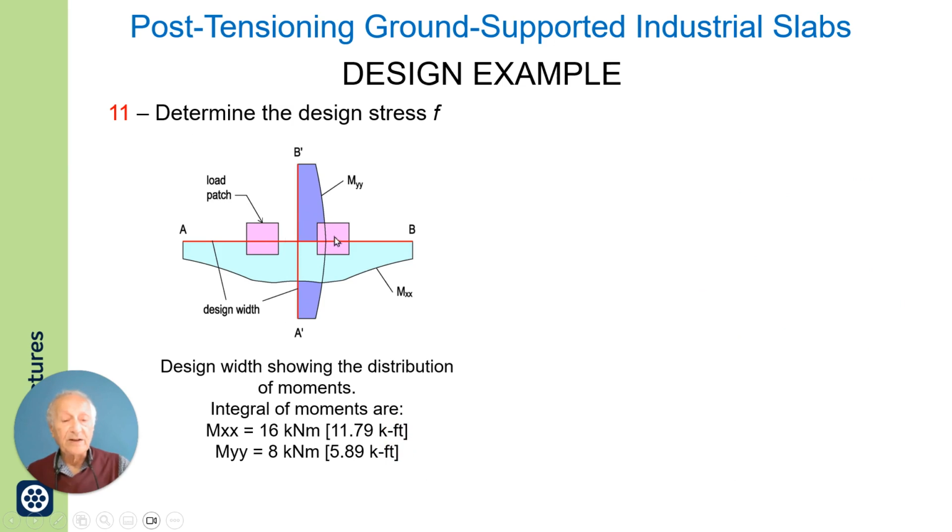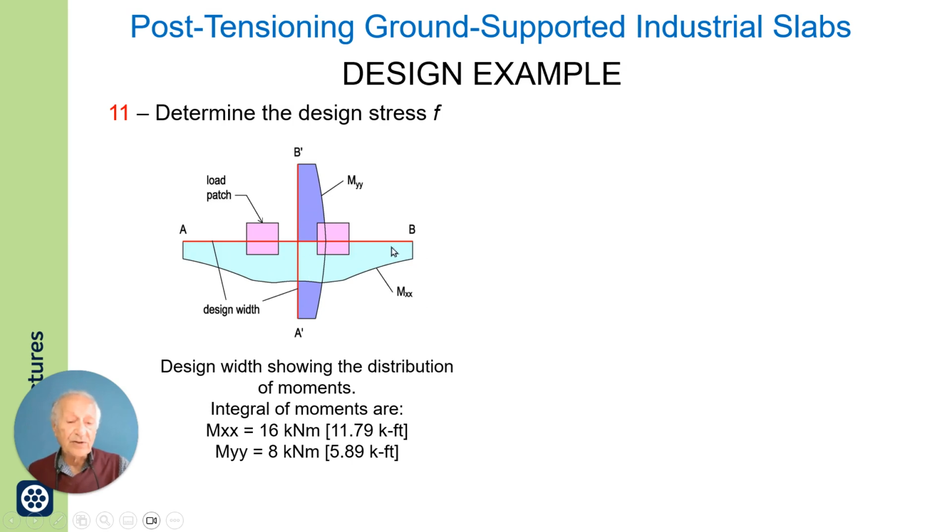consider the loads, and this is the design width in one direction, this is the design width in the other direction. I note the distribution of moment over the design width in one direction, distribution of moment over the design width in the other direction, and for each distribution I calculate the area, which is the total moment.